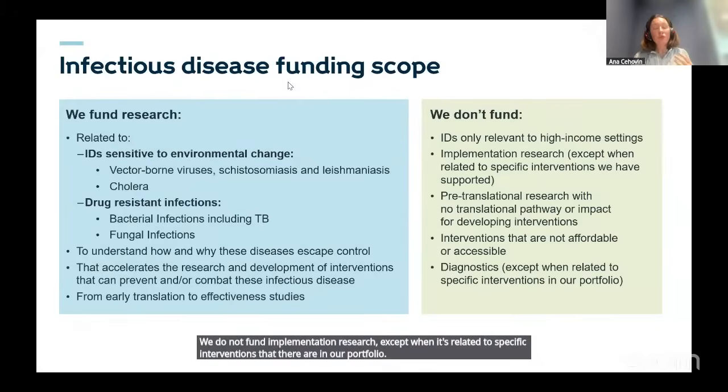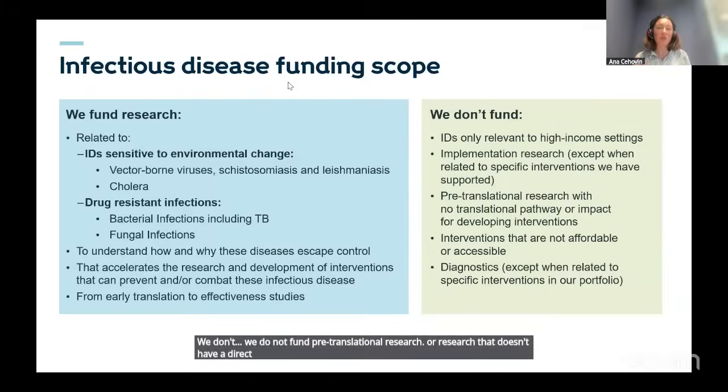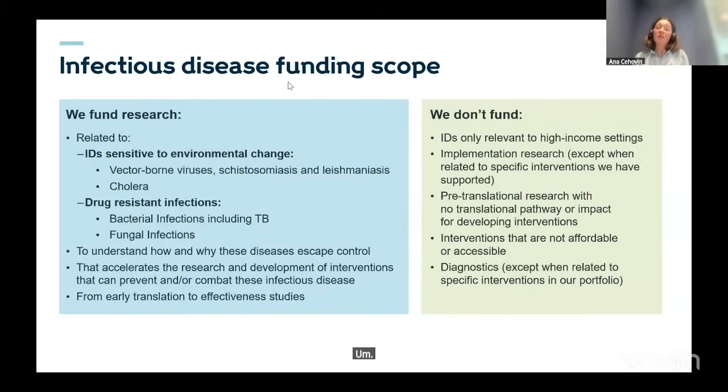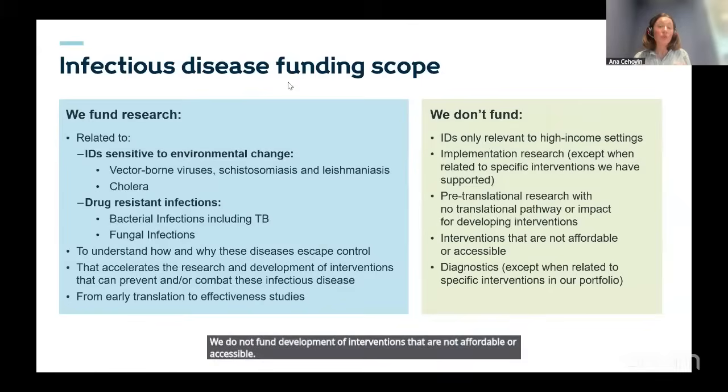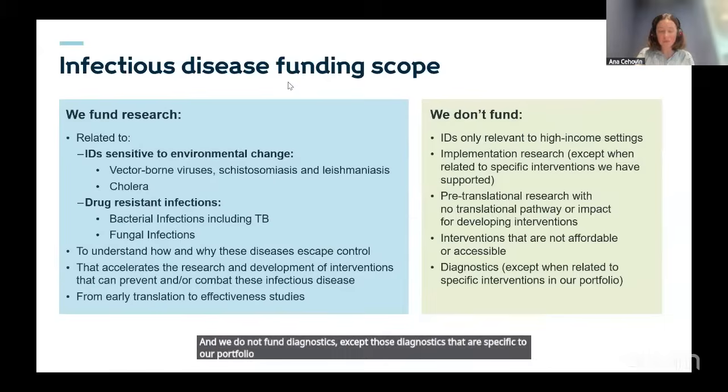We do not fund pre-translational research or research that doesn't have a direct pathway to impact. We do not fund development of interventions that are not affordable or accessible. And we do not fund diagnostics, except those that are specific to our portfolio.